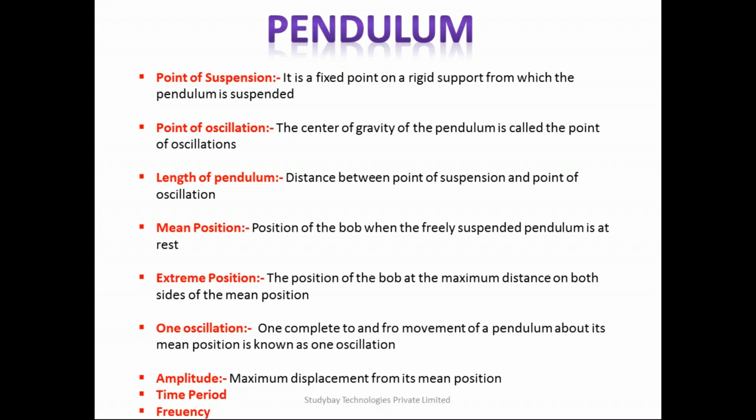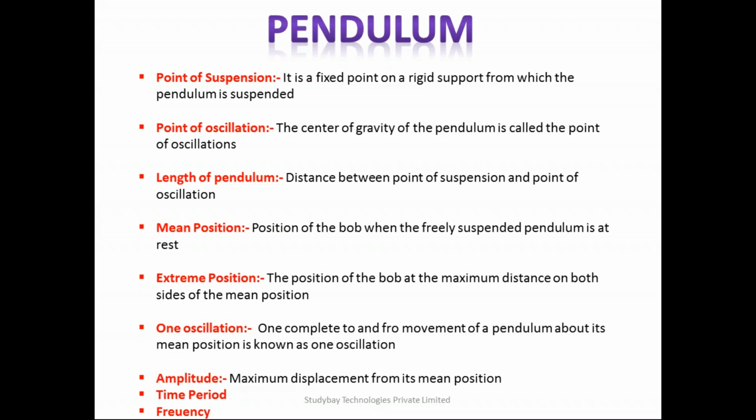Length of pendulum is the distance between the point of suspension and the point of oscillation. Mean position is the position of the bob when the freely suspended pendulum is at rest. Extreme position is the position of the bob at the maximum distance on each side of the mean position.